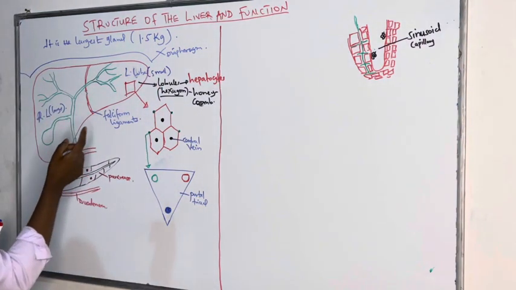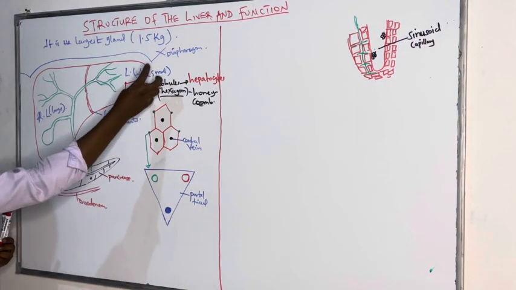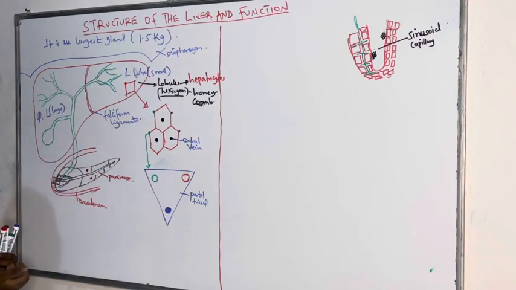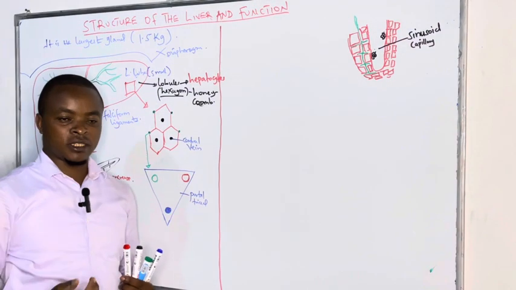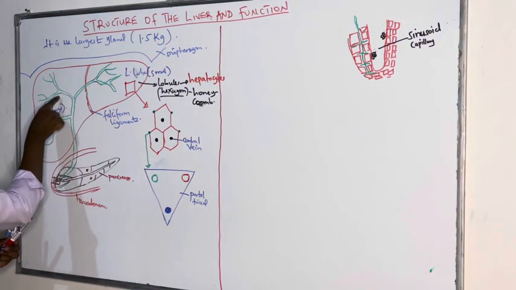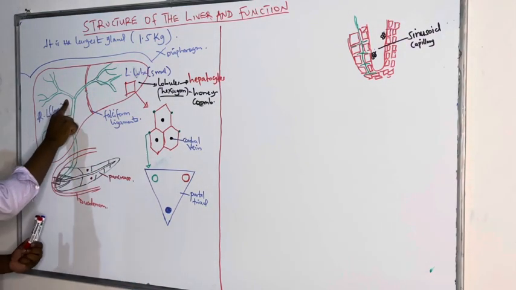Apart from the functional unit called the hepatocyte, the liver also has what we call the biliary system, the one in green.